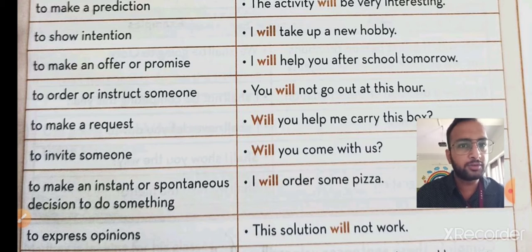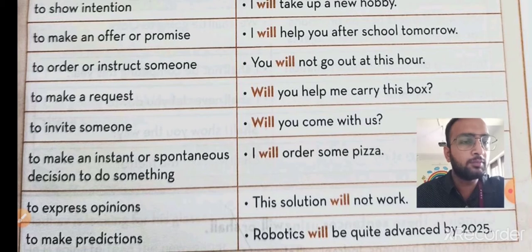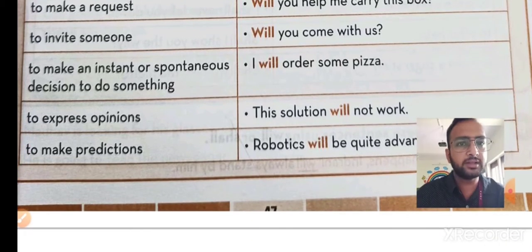To make an offer or a promise: I will help you after school tomorrow. To order or instruct someone: you will not go out at this hour. To make a request: will you help me to carry this box? To invite someone: will you come with us? To make an instant decision: I will order some pizza.